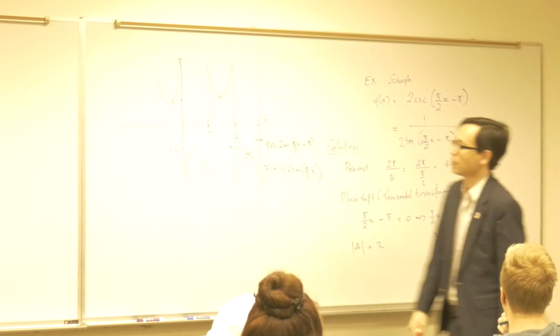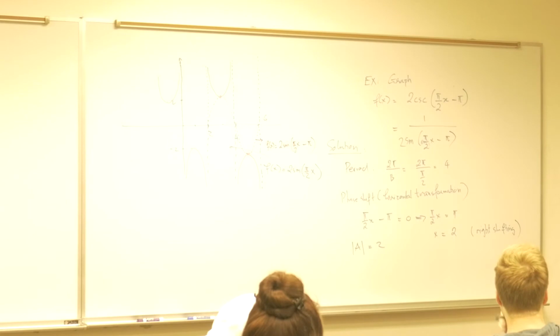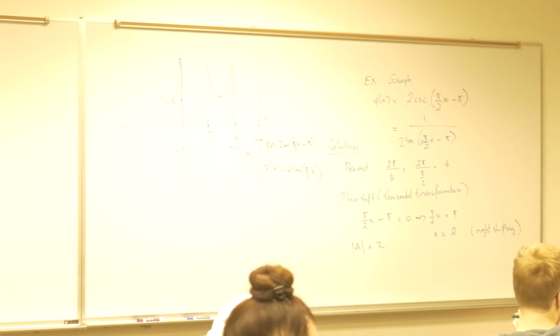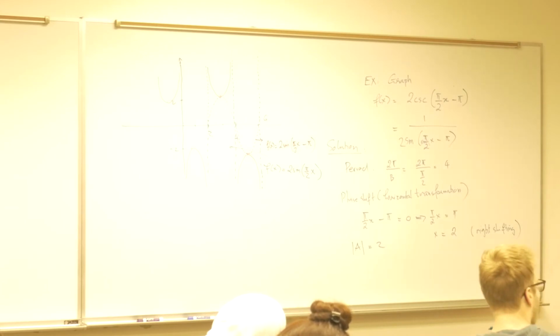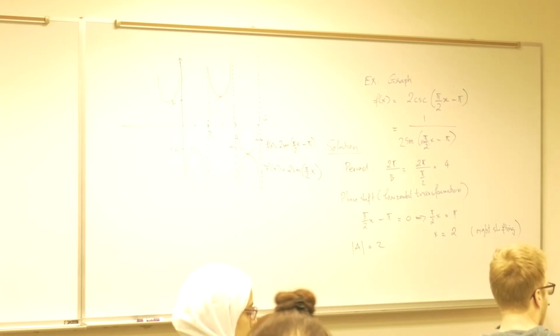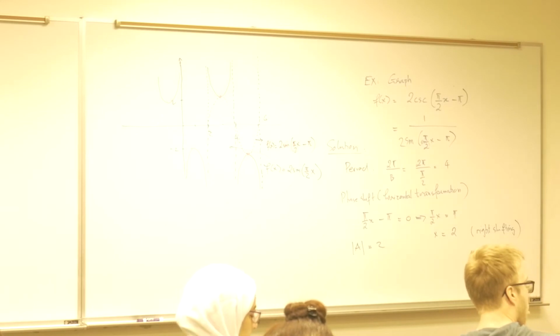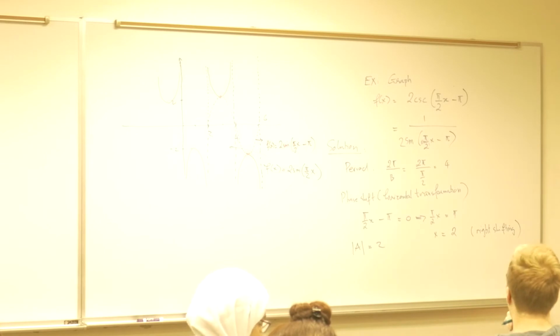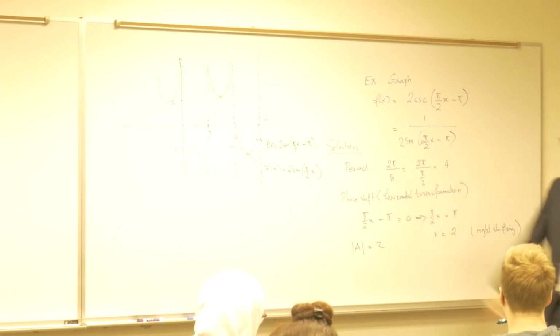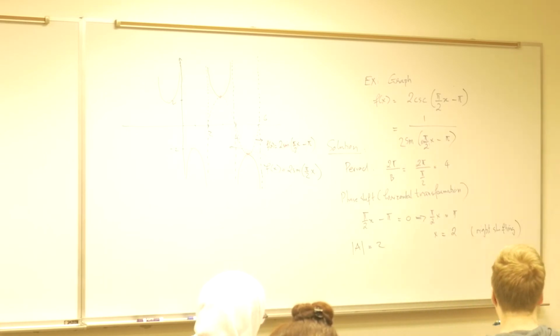No, we don't shift it. So it's still at 2 right there. Because the original one, we start at 1, but over here the amplitude is 2. So we start at 2.